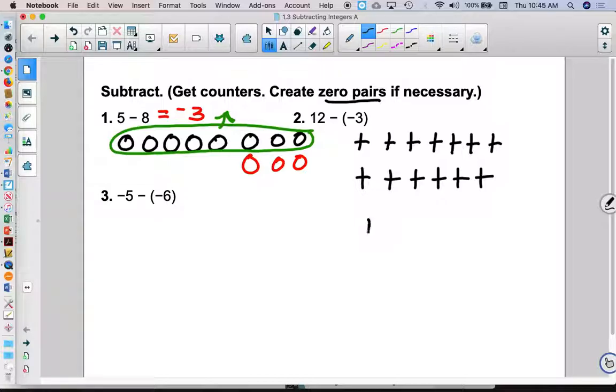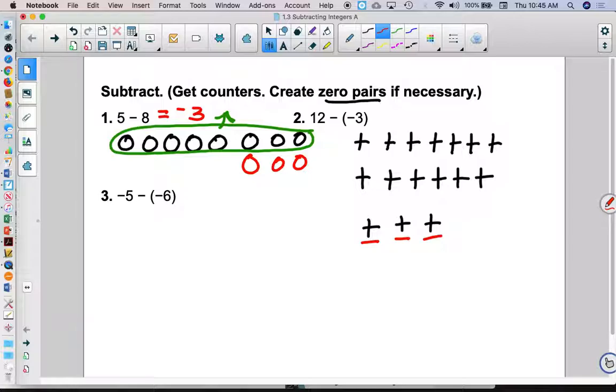So I'm going to go, here's 1, here's 2, and here's 3. Now I've added 3 0 pairs. What does it say to take away, Justin?